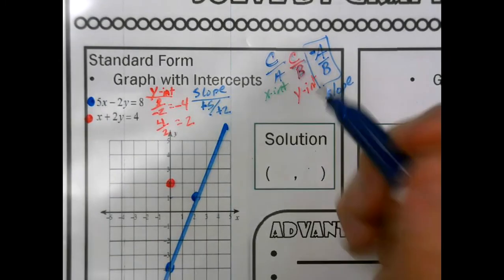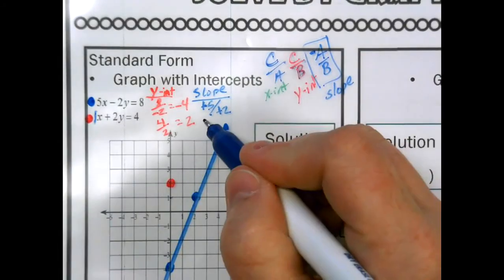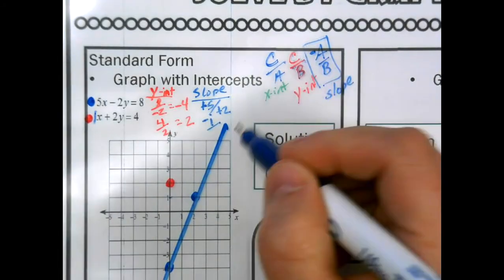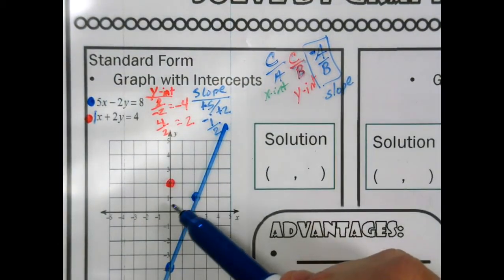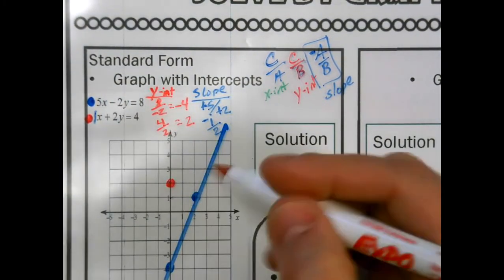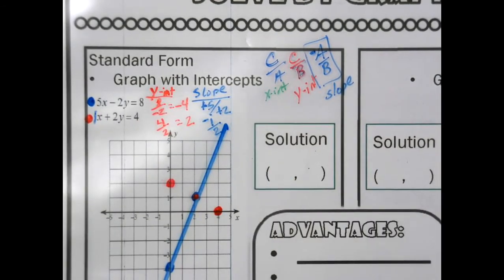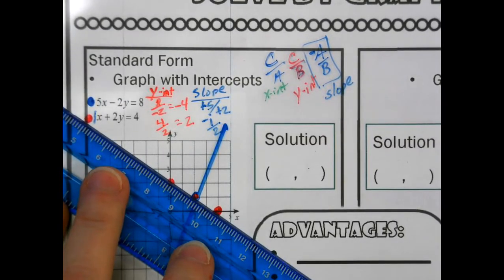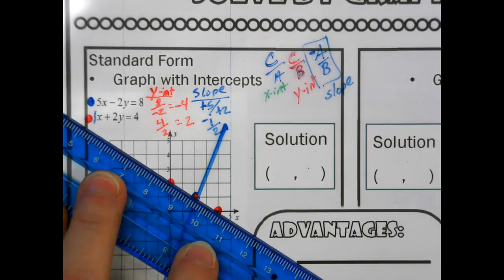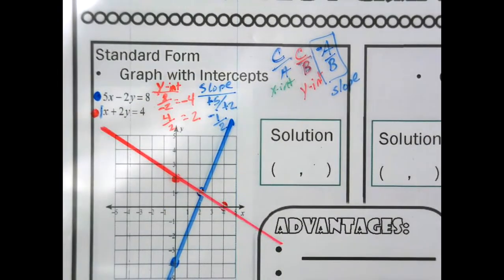My slope, there's that invisible 1 in front right there, so negative 1 over 2. So down 1 over 2, down 1 over 2. You only need 2 points to make a line, but when they're that close together, it's always a good idea, if you can make another point, make it.